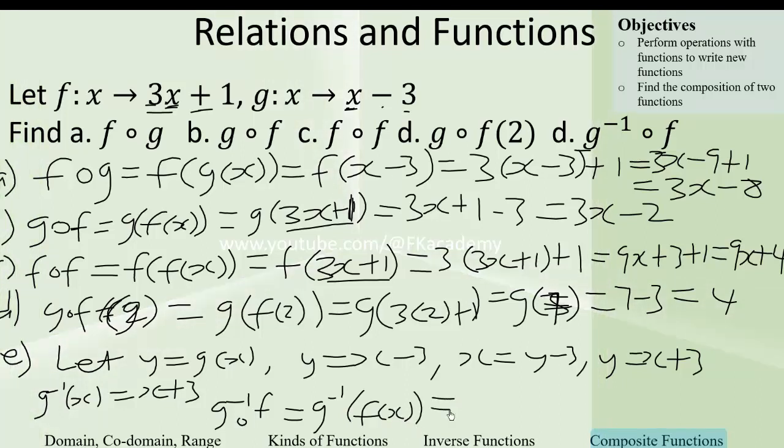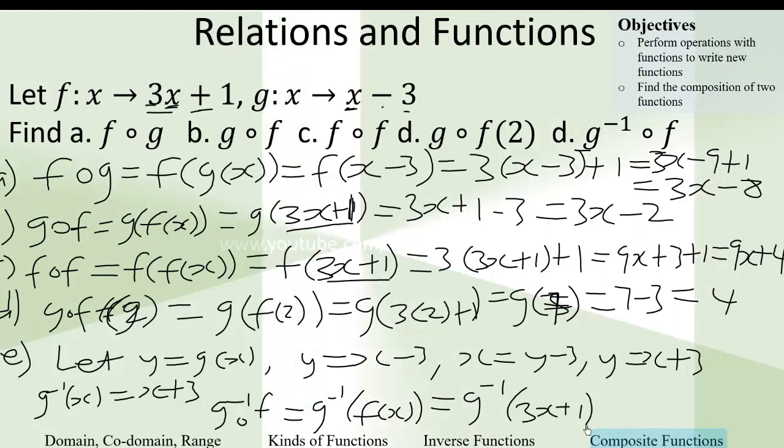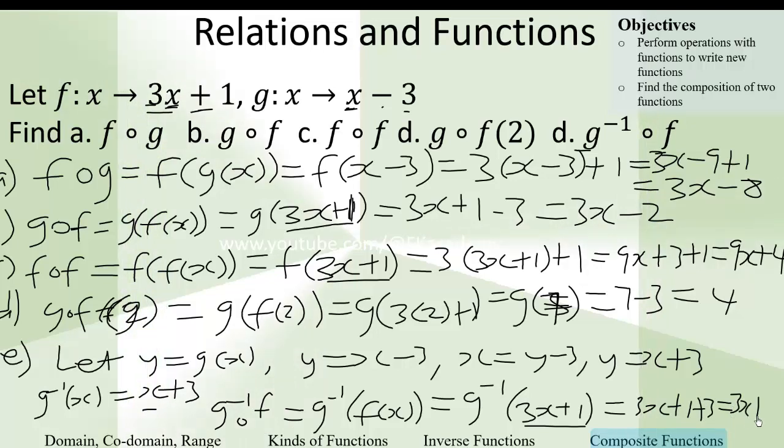So g inverse of f of x will give me g inverse of 3x plus 1. So whenever I see x here, I'll put 3x plus 1. That will give me 3x plus 1 plus 3. So that will give me 3x plus 4.